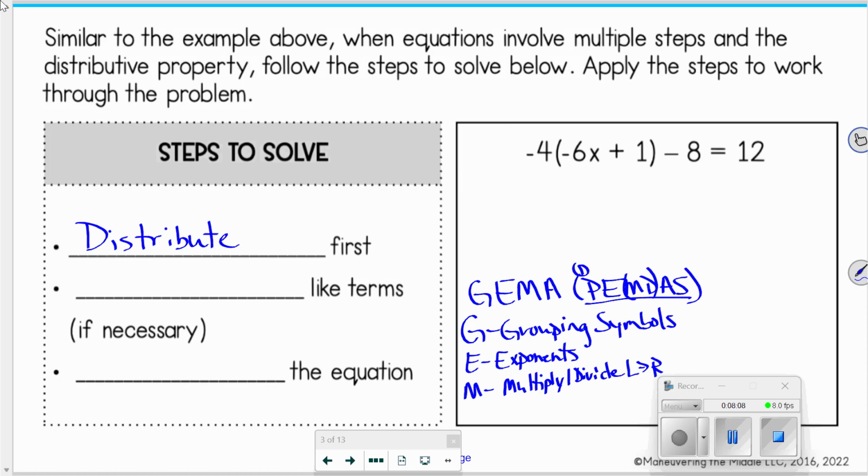And same with that last step. The A is add and subtract from left to right. Again, under PEMDAS, if you didn't understand that those are grouped, that you do them all left to right, it looks like you should do all addition before you do all subtraction. That is wrong. Addition, subtraction goes left to right. It's just one step. So the idea behind GEMMA was trying to consolidate and make it actually more meaningful than PEMDAS.